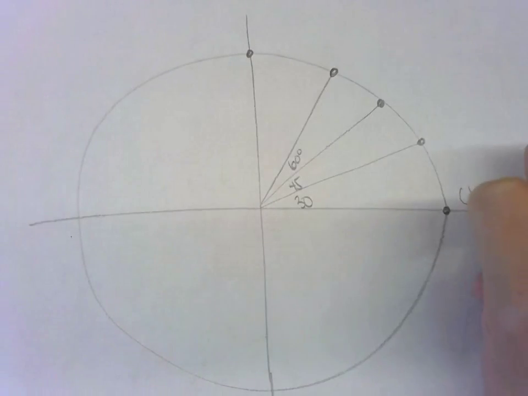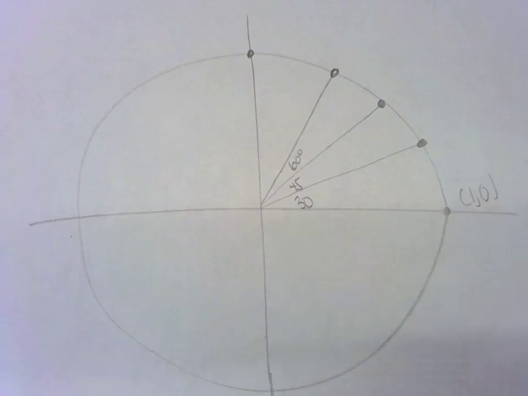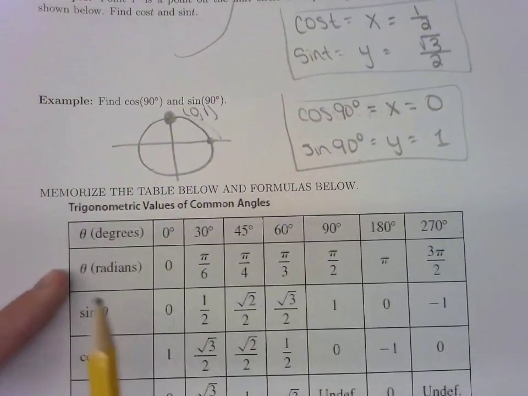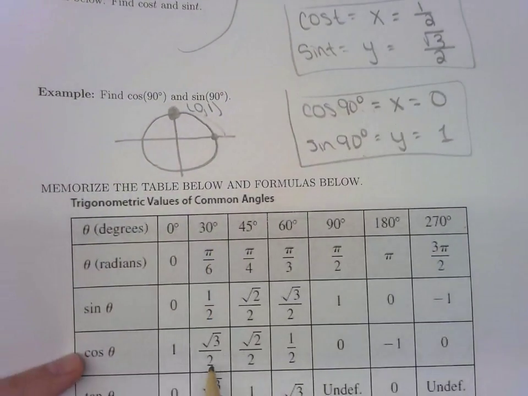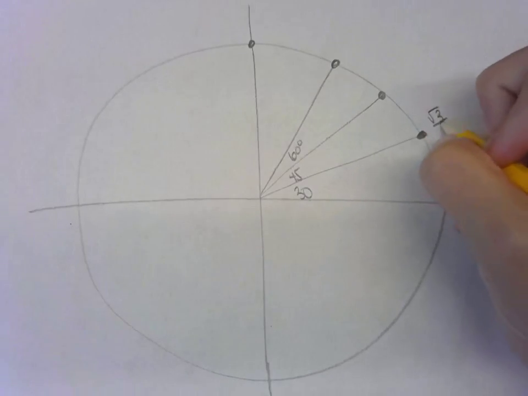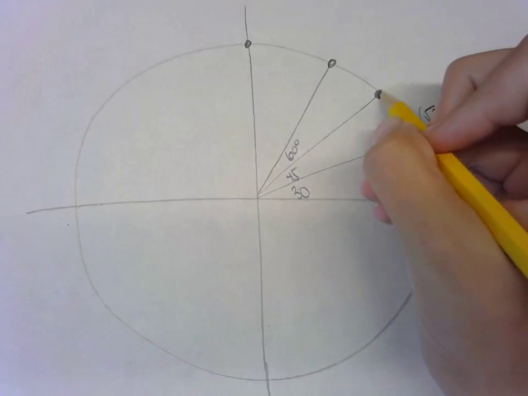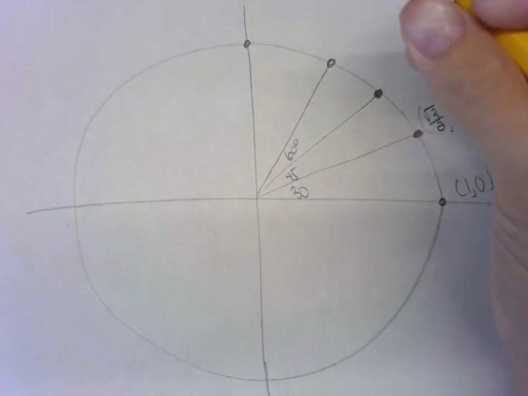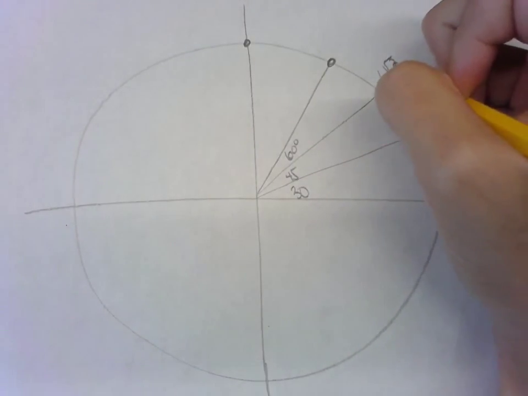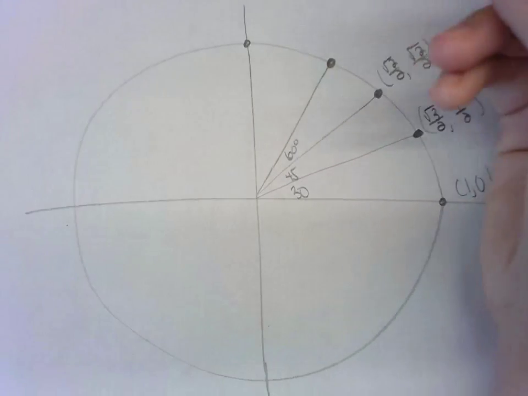So this point would be 1, 0. 30 degrees, you remember that is cosine, sine. So looking at our table of 30 degrees, we have cosine, which is square root of 3 over 2, sine, which is 1/2. So square root of 3 over 2, 1/2. 45 degrees. So looking at cosine and sine, that would be square root of 2 over 2, square root of 2 over 2. 60 degrees.